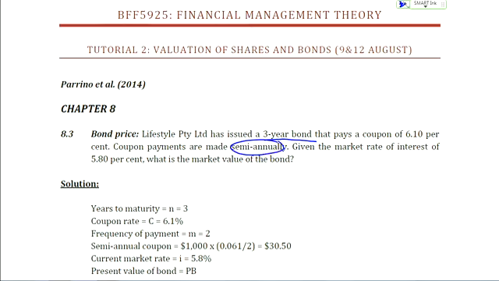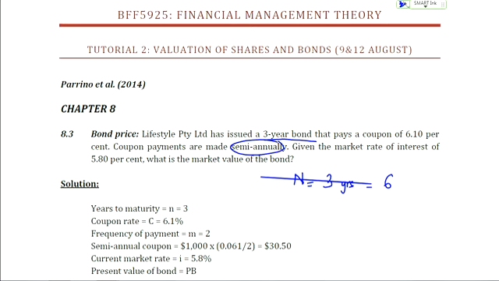So you know that you need to convert all of the coupon rate as well as the maturity to half a year, right? So your N is equal to 3 years, which is 6 periods, right? 6 half years.